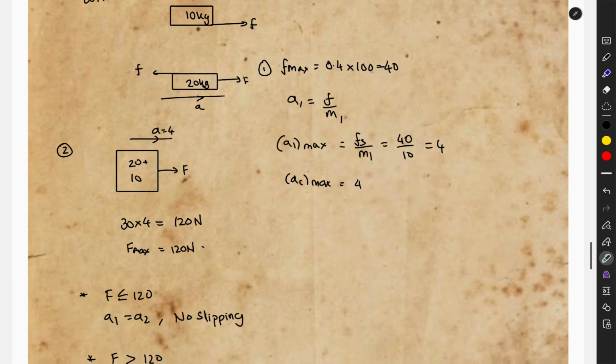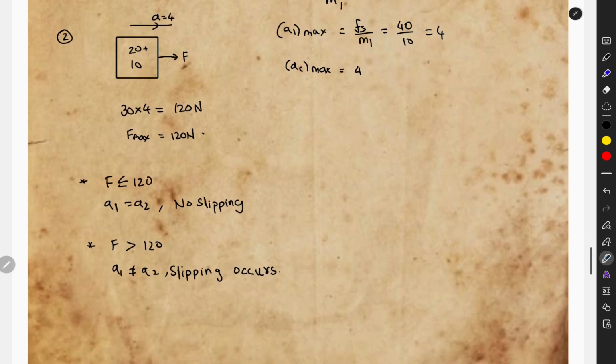So I can tell that this entire body is going to travel at acceleration 4 meter per second square. In that case, the two blocks won't slip, and the maximum force will be simply equal to the total mass multiplied by the acceleration, which comes out to be 120 newton.